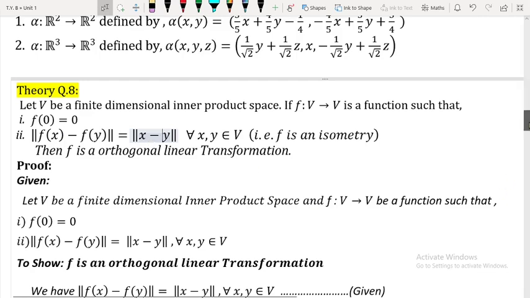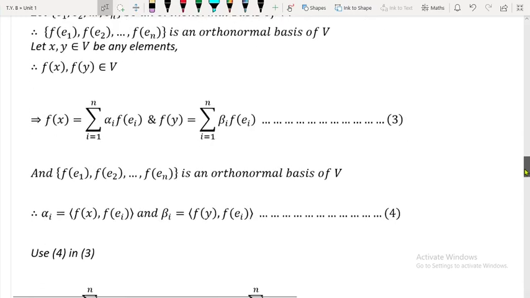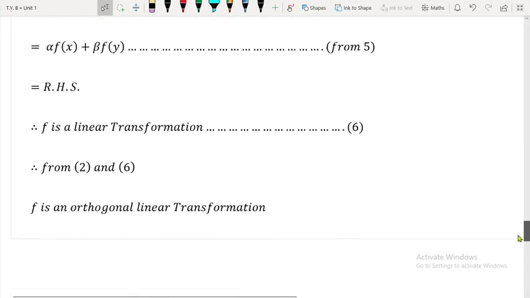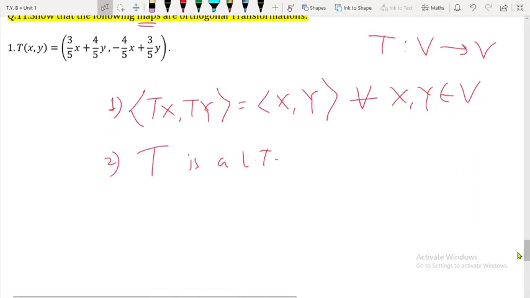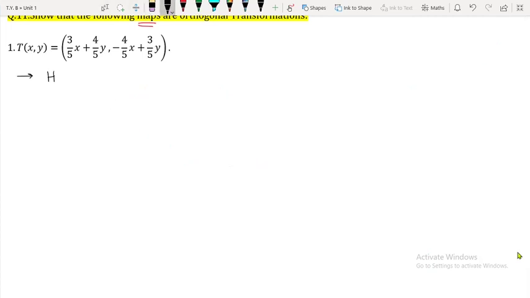Okay, so same thing we will do over here for this example, so just I will erase it out. So solution here, our V is nothing but R2, right? So which is finite dimensional.